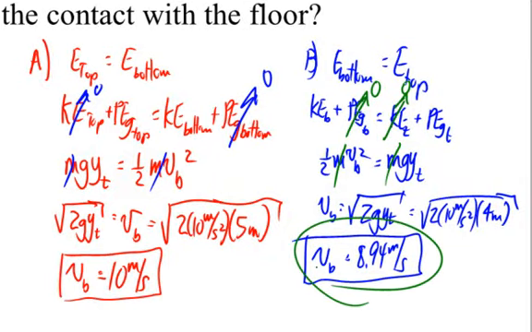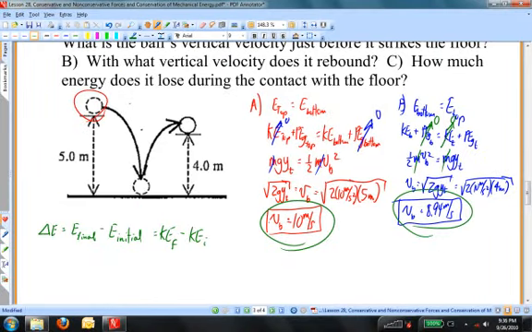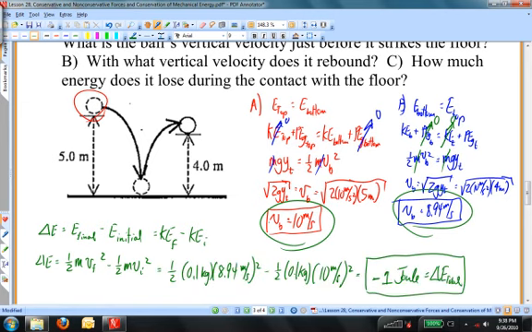The initial kinetic energy is associated with how fast it was going right before it came in contact with the floor. So I'm going to put those numbers in. Here, this kinetic energy does depend on the ball's mass. The mass doesn't cancel out in this one. Now I feed it into my calculator, and I get that the ball loses 1 joule of energy while it's in contact with the floor.